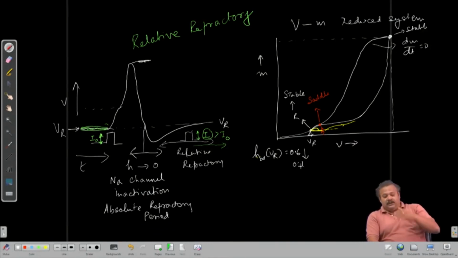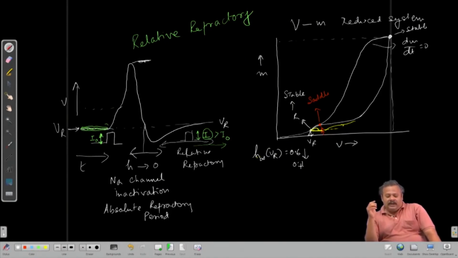That is what we tried to explain: when the voltage reaches a very high value, H is reducing, going to 0, and then it is trying to get back up. Let us say our H has reached around 0.1 and is staying there.